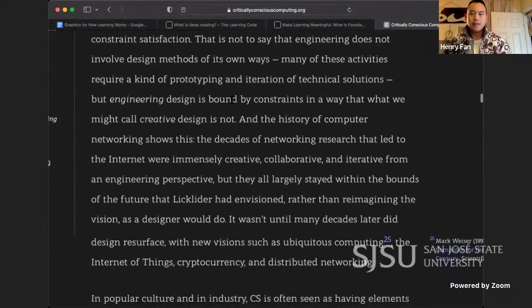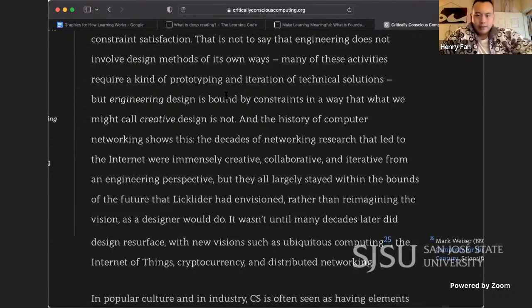Many of these activities require a kind of prototyping and iteration of technical solutions, but engineering design is bound by constraints in a way that we might call creative design is not. Let's read that again. Engineering design is bound by constraints in a way that we might call creative design is not.